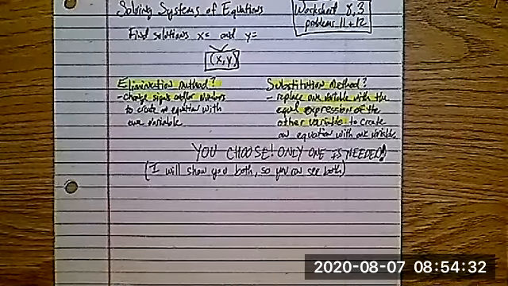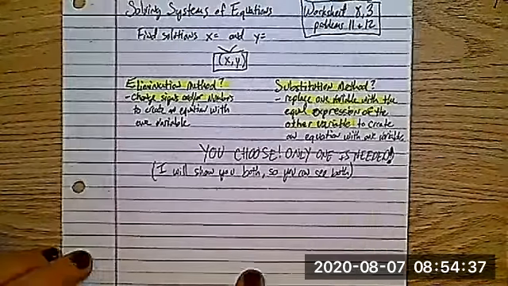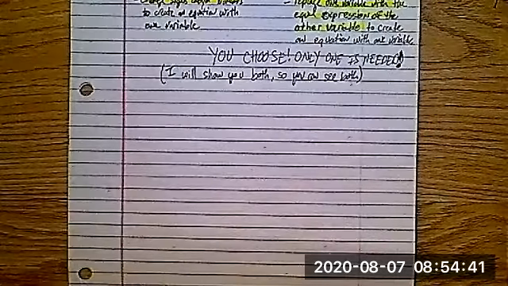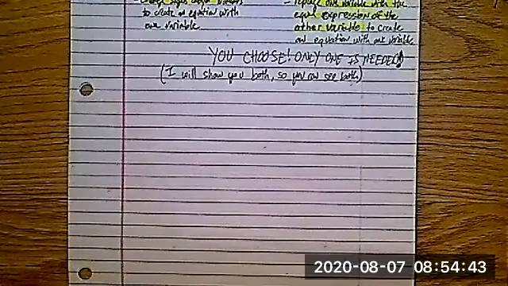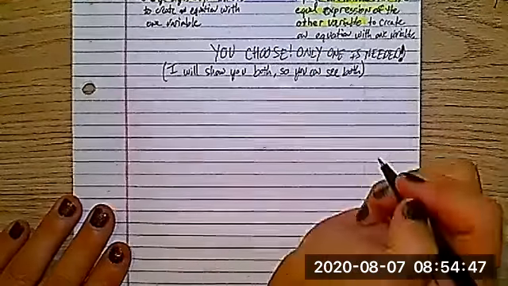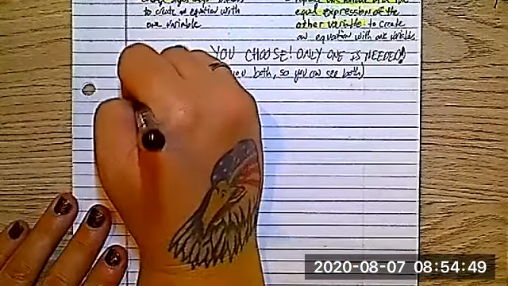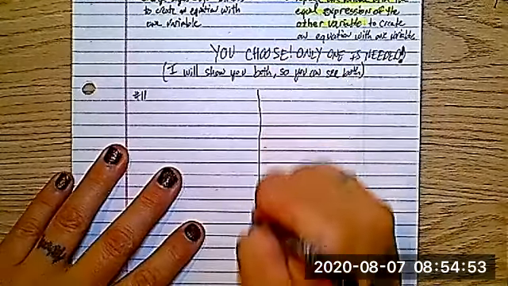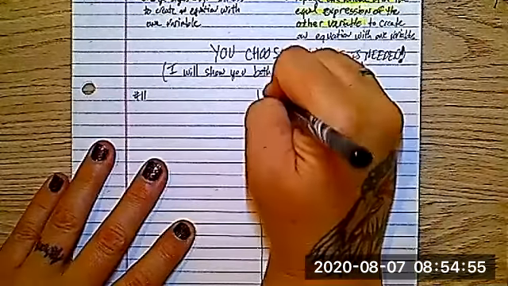All right. So you choose as we're going through this, and you're going to see that sometimes one way is going to be easier than the other way, quite often. All right. So let's go ahead and do number 11. And I'm going to split this off like this because I said I was going to do it both ways.